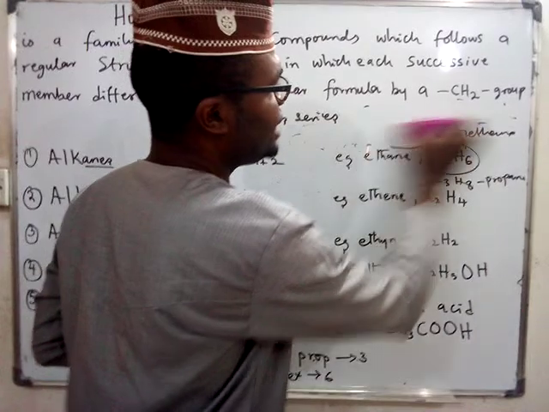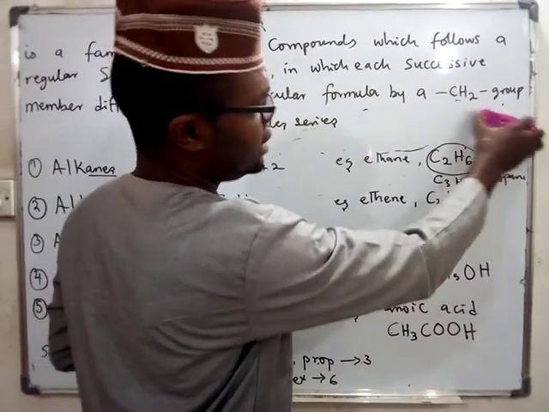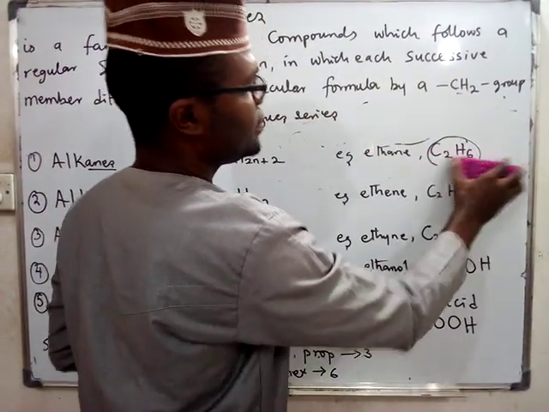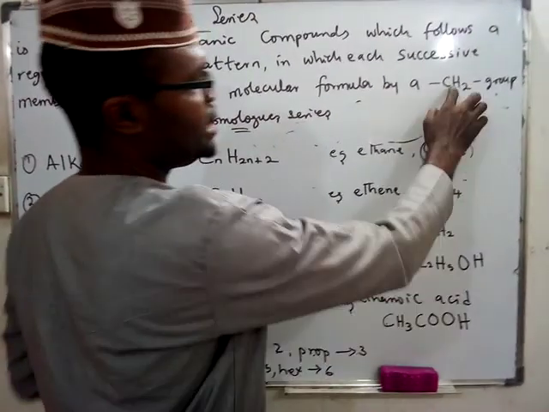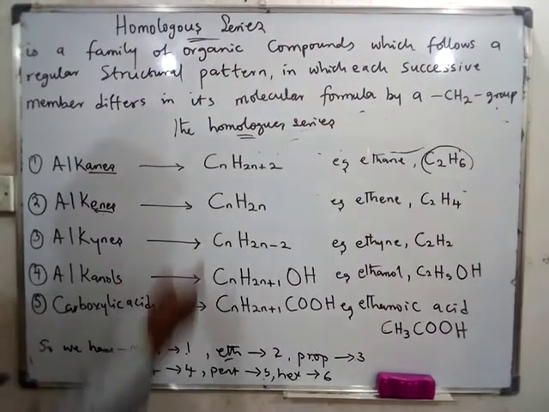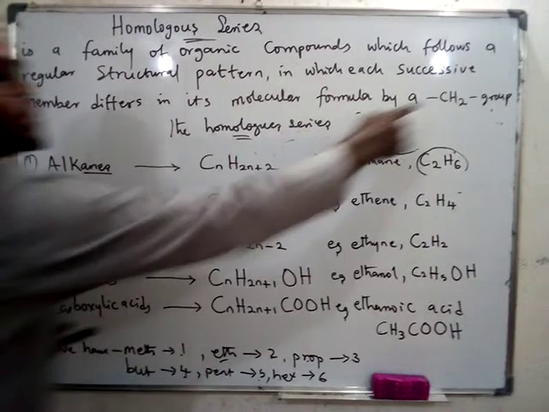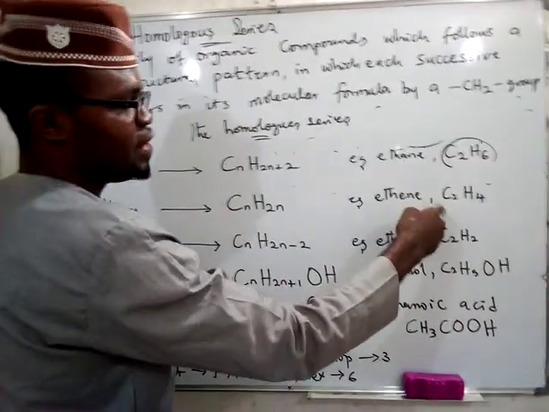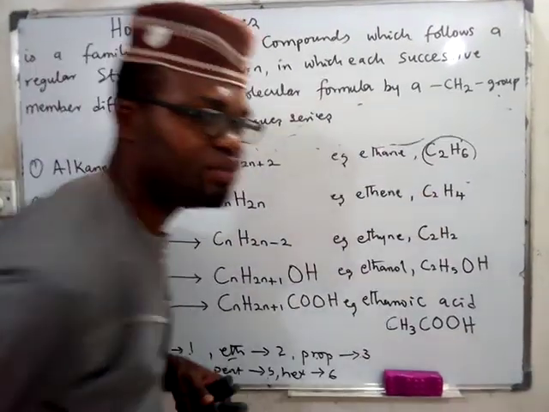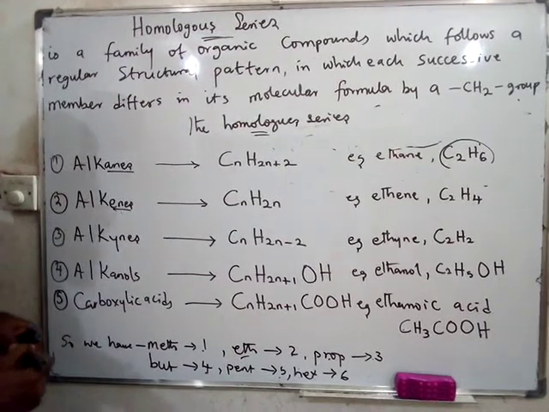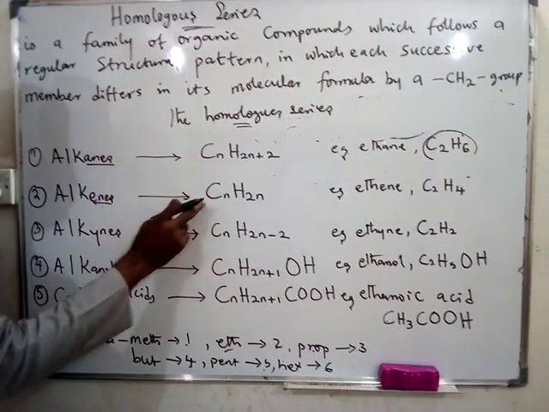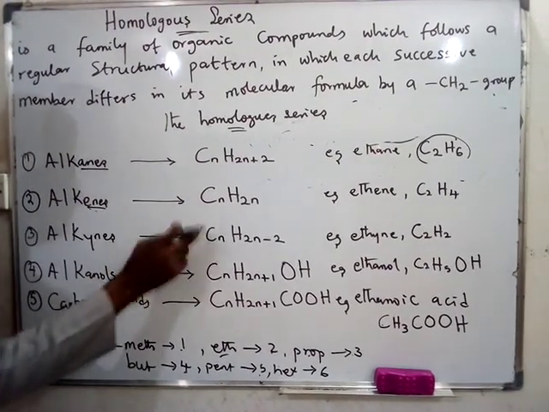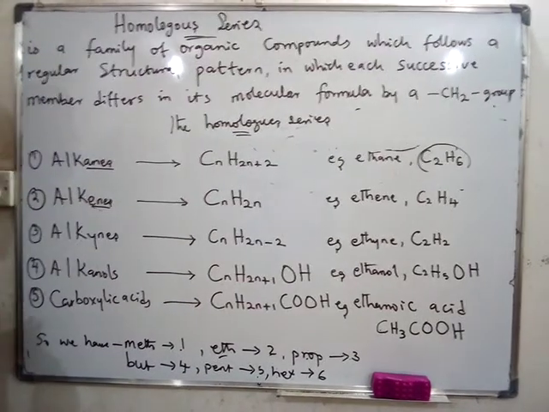So we simply get subsequent ones by the addition of a CH2 group. The same thing happens to this one. If you put one here, you get ethane, add another one, you get propane, add another one, you get butane. So the most important thing is that you take note of the formulas of the different homologous series.